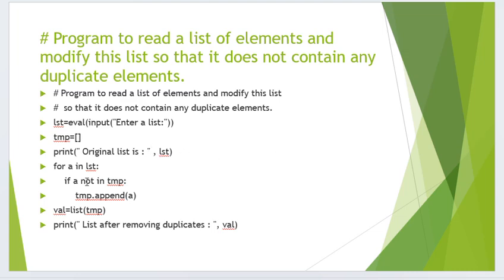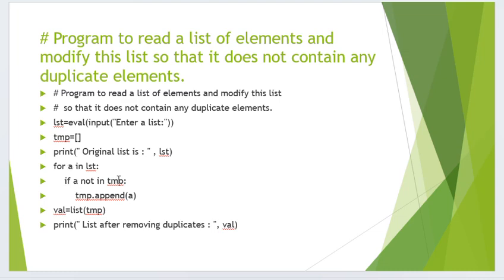Now we have used this for loop to iterate all the elements, to visit all the elements of the list. So A is a loop index variable, A in LST. So what is LST? LST is a list. So it will go and visit each and every element of the list.